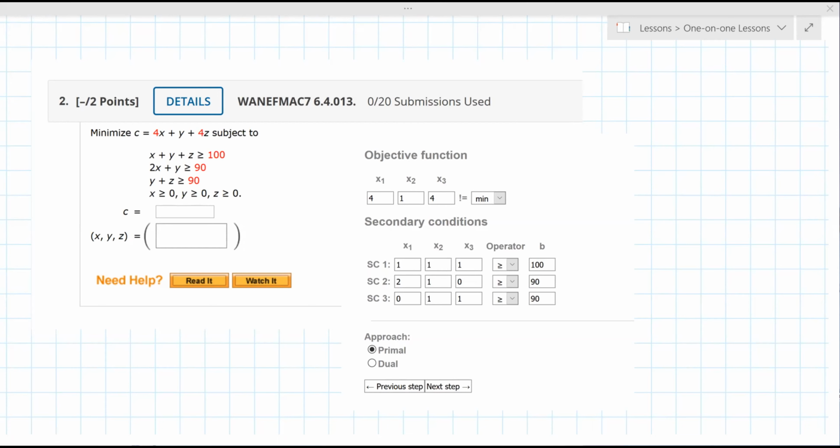Wow, this one says it can't be solved. That doesn't make any sense. I've rerun this a few times. It's not solving it.